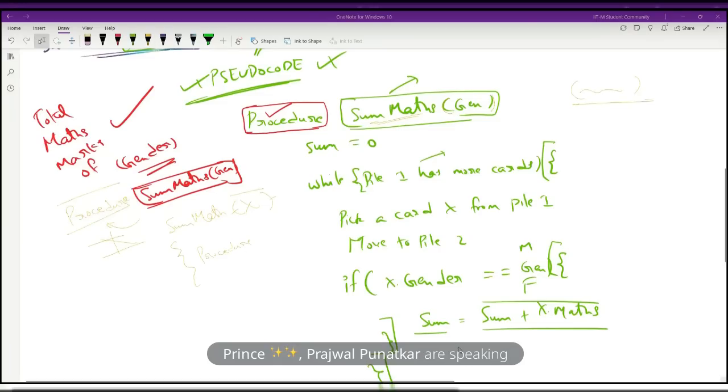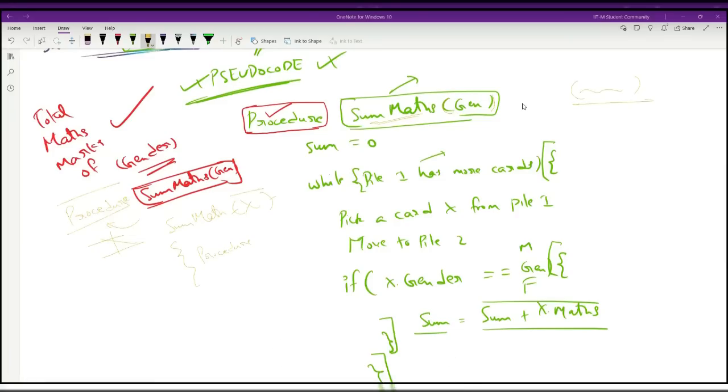Yes, sir. So we can differentiate this procedure into two parameters, right? Like gender: if it's male, then we can update the male sum, and if it's female, the female one. Yes, that's what I have said. It could be a male or a female. For that reason I only wrote gender, which can be a male or a female, but not both.